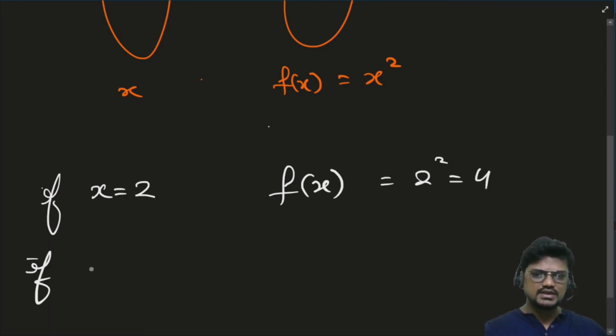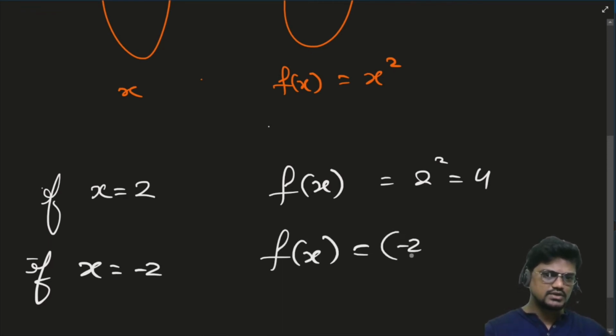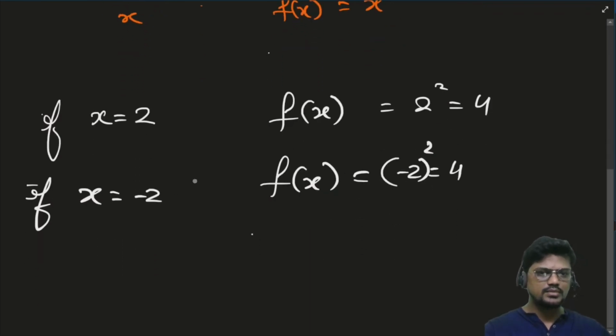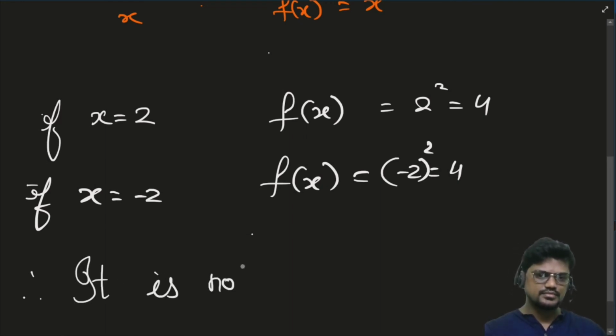And if x is equal to minus 2, then also f of x is equal to minus 2 whole square, and the answer is 4. Right, then what I'm getting, a single mother has two childs, that means it is not a 1-1 function. Therefore it is not an injective function.